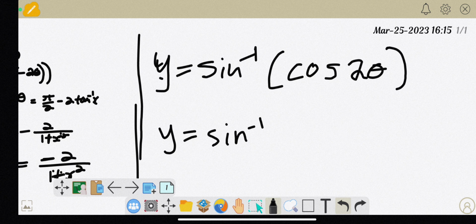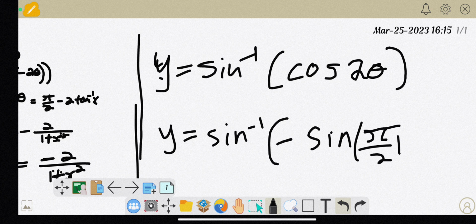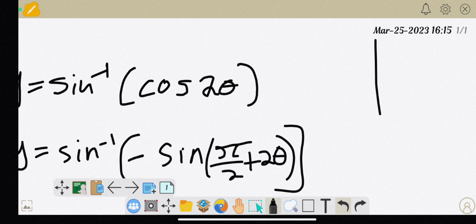So if I use 90 plus 2 theta, I have to check the quadrant. 90 plus is in the second quadrant, right? In the second quadrant, sine and its reciprocal are positive, the rest are all negative.